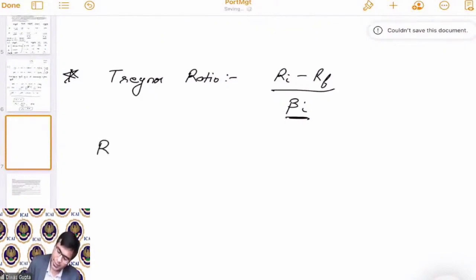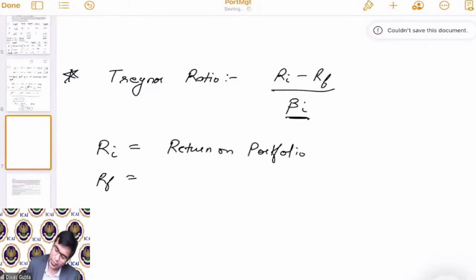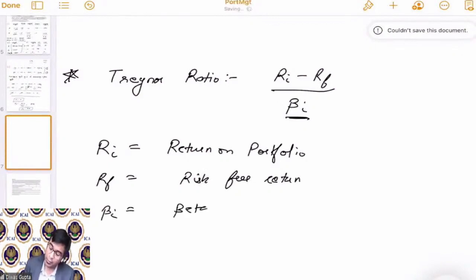So I am putting notations here. RI is equal to return on investment, return on portfolio, I can say. RF is equal to risk-free return, and BI is equal to beta of portfolio.